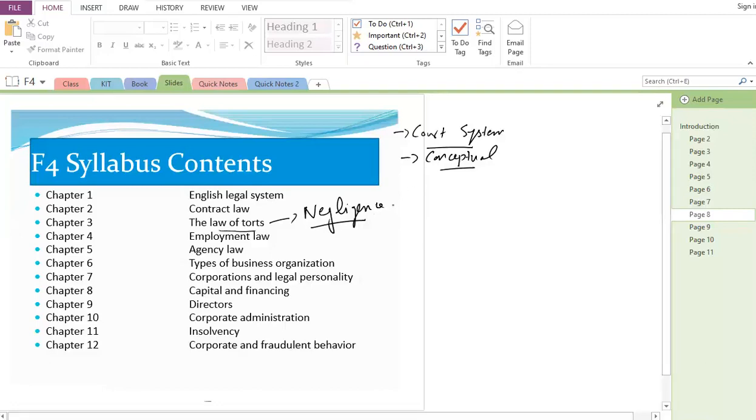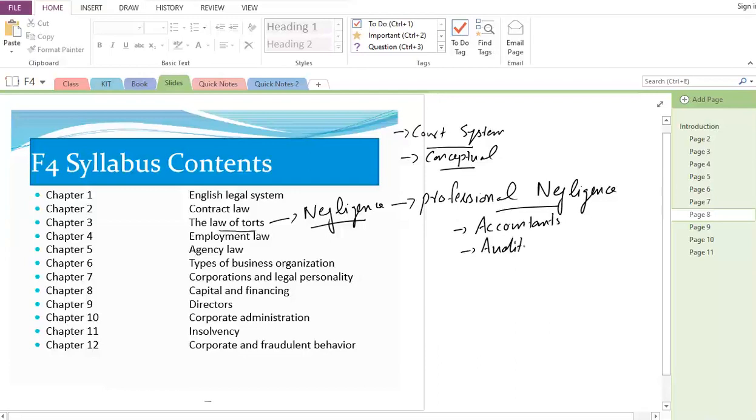So we are going to cover another important type of negligence that is called professional negligence. This is professional negligence that is related to the accountants and auditors. So this is interesting. How can an accountant or auditor be considered as negligent in his working?